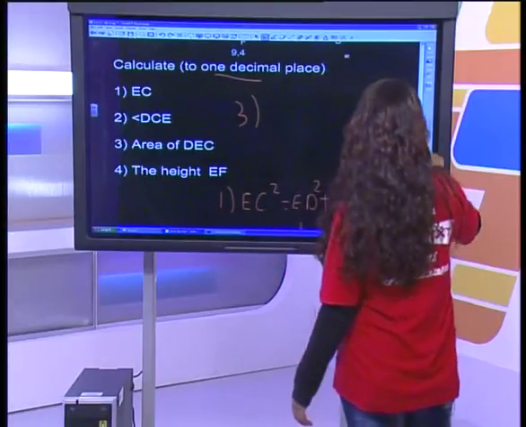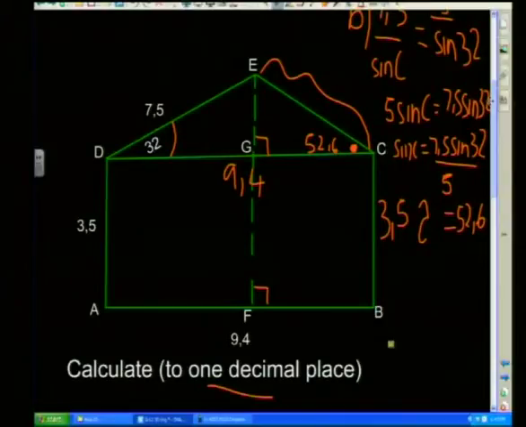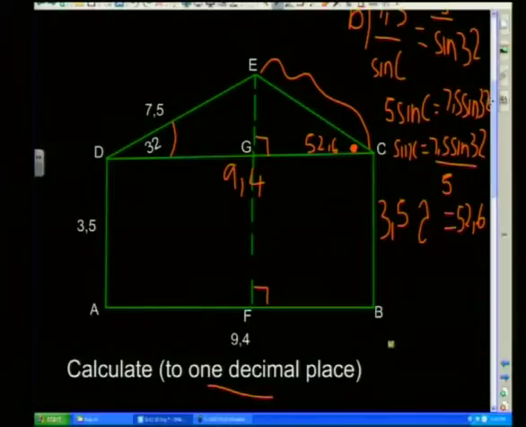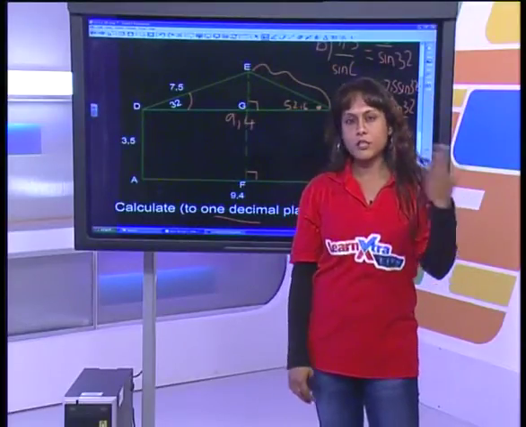So we want the area of triangle DEC. Let's have a look. DEC, that's the one we've been working with all the time. That's the roof of this house. So even though we've worked out EC and we've got angle C, and we could really work with either of the sides or the angles, it's usually safer to work with the information that they gave to you.